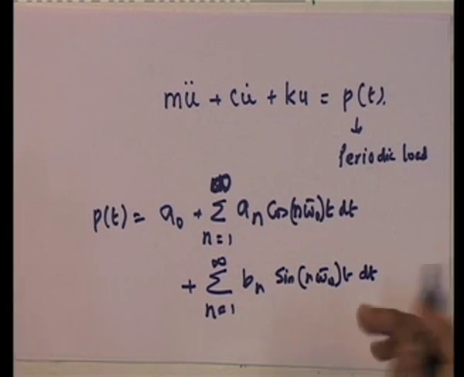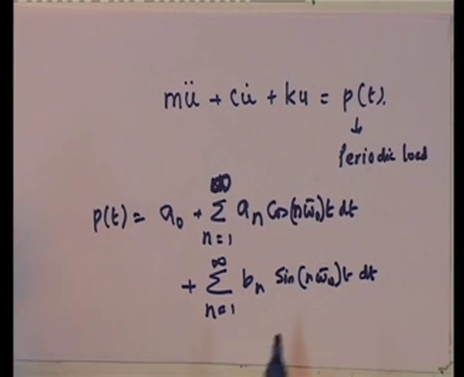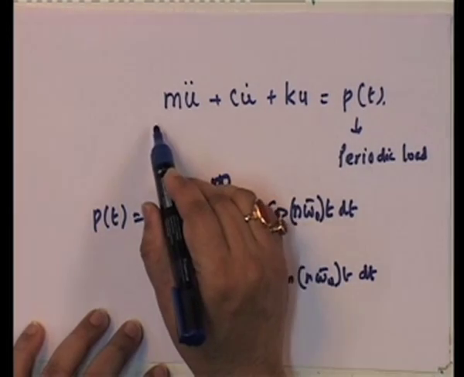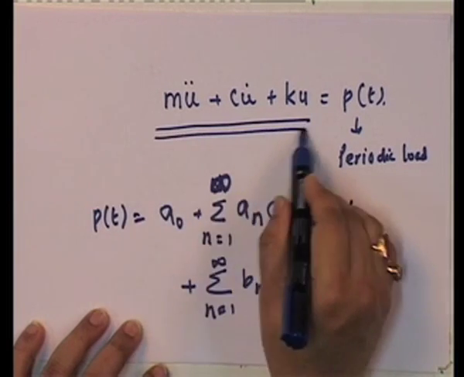This is P of t because it is periodic. We have already seen how to calculate A0, An and Bn. Now look at this system. This represents a linear system.